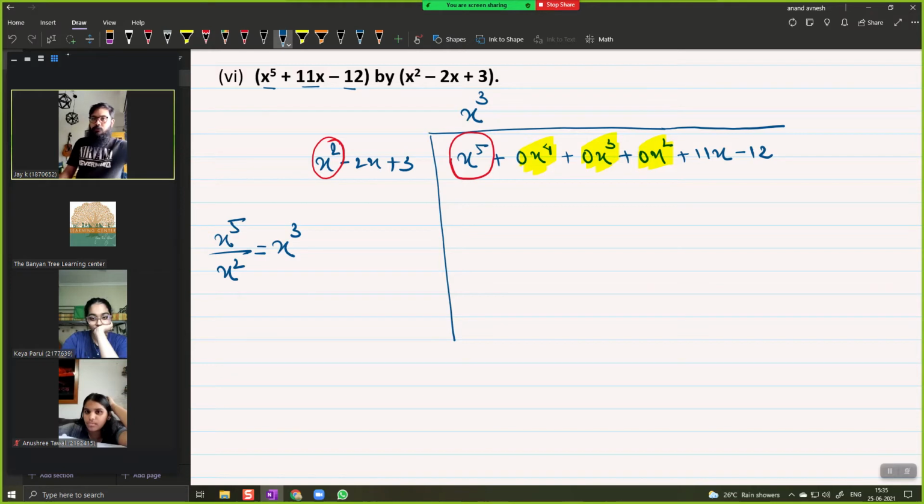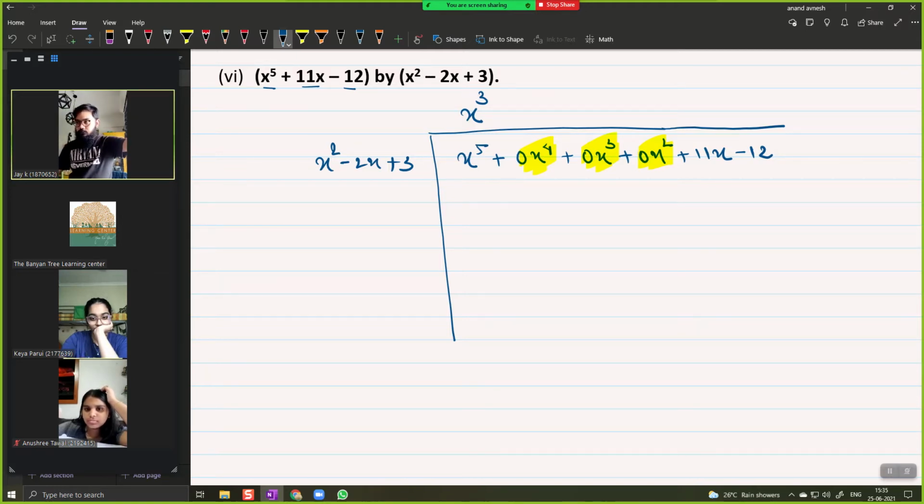Okay, what is the next step now? We'll multiply x cube with the divisor.